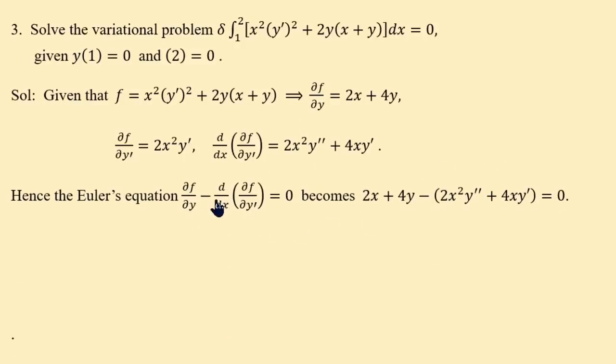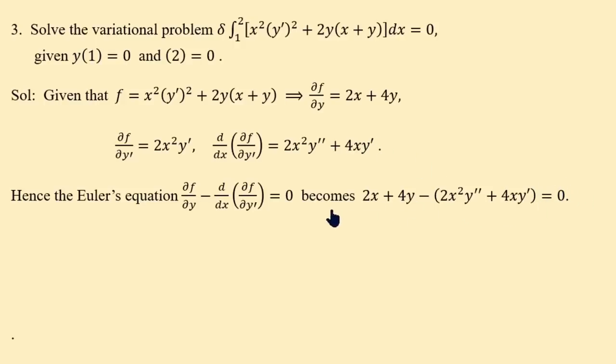Now substitute these two in the Euler equation. That is dou f by dou y minus d by dx of dou f by dou y dash equal to 0. So this minus this equal to 0. 2x plus 4y minus 2x square y double dash plus 4xy dash equal to 0.